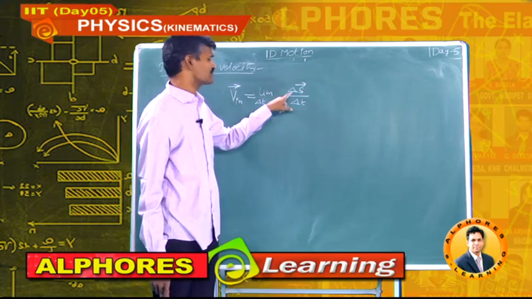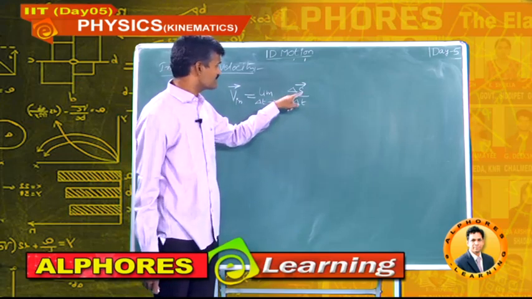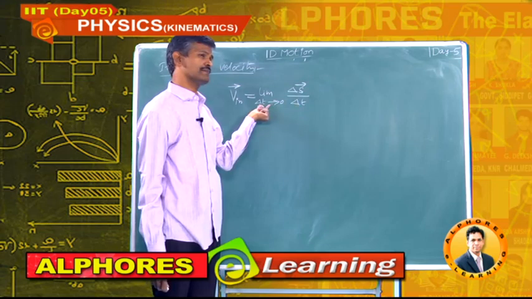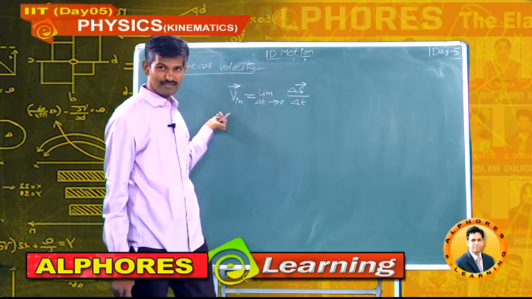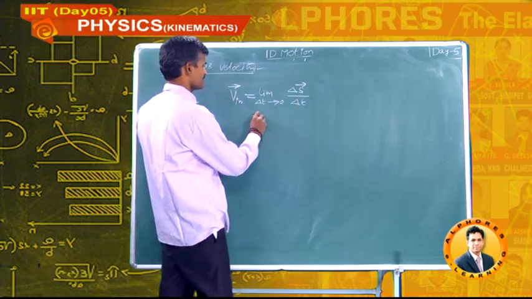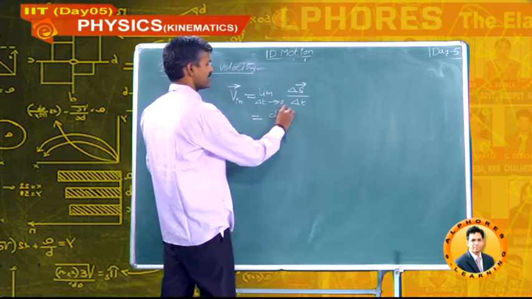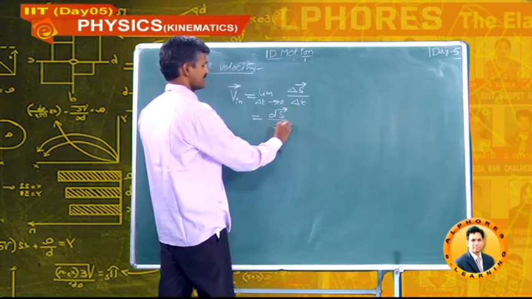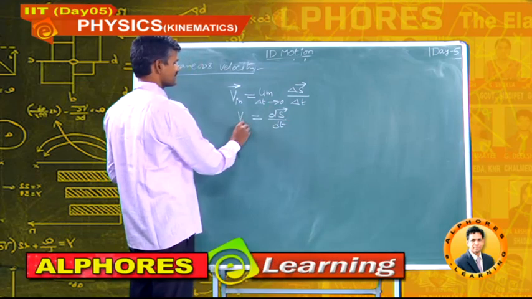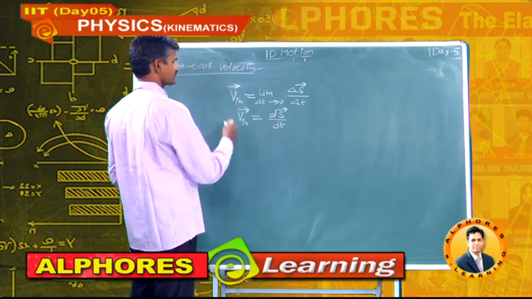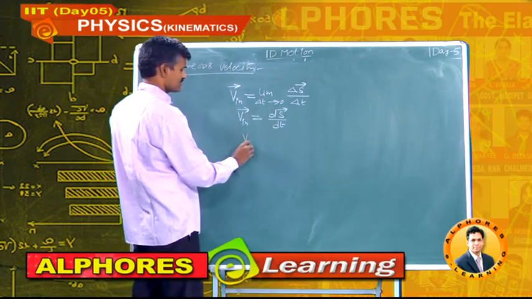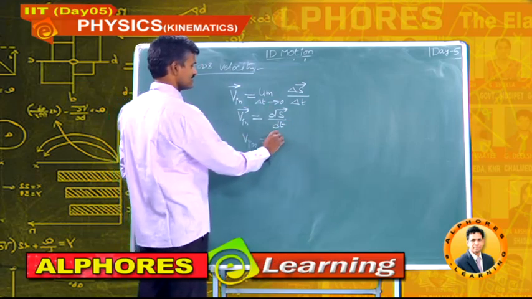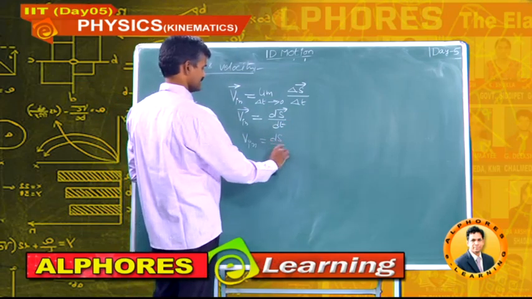So, it is also displacement: the displacement in this small interval of time gives instantaneous velocity. It can also be written as ds bar by dt. This is instantaneous velocity. You can write its magnitude as V_inst is simply ds by dt.